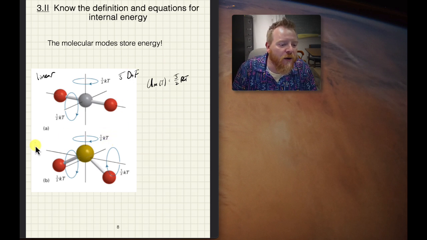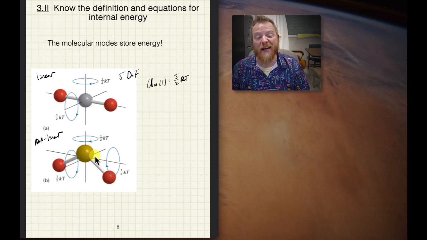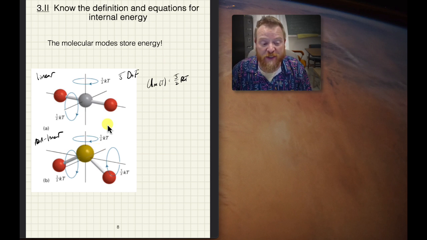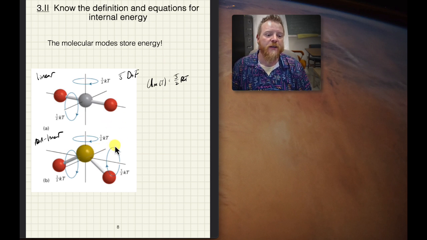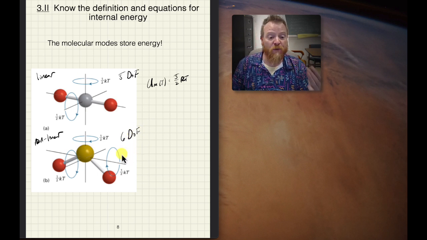So now what about a representative non-linear molecule? And this, hopefully you can tell, is a picture of water. So we can get to a non-linear molecule by recognizing that it will have 3 unique degrees of rotational freedom. So that means in total, it's going to have 6 degrees of freedom, 3 translational, 3 rotational.